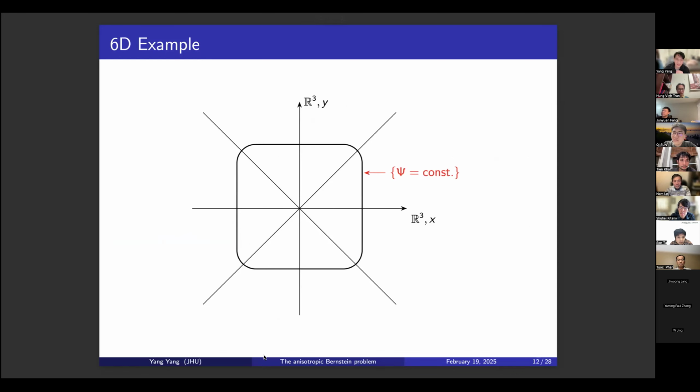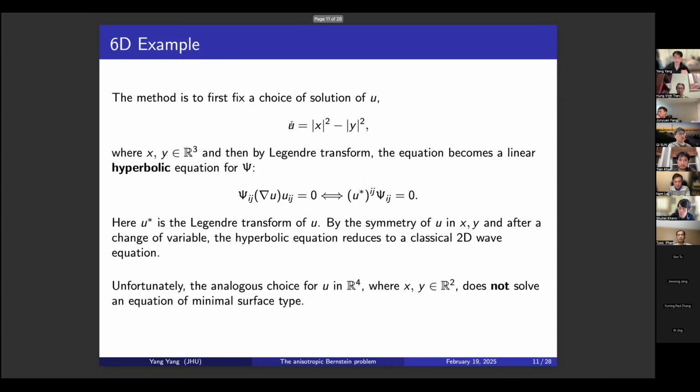There's one thing I want to point out: the level set of function phi is box shaped. It goes slower along this Simons cone direction than the axis direction, which kind of makes sense, because if you look at the graph of this function u, then overwhelmingly the unit normal points in the Simons cone's direction.